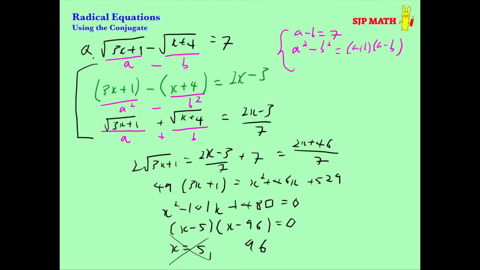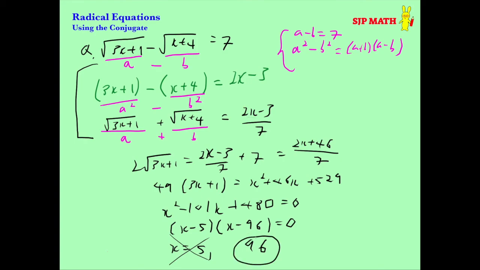That's because it might have to do with squaring, and you didn't do the math wrong. It's just that in your procedure you might have ignored an important mathematical fact. But anyways, always put it back in and check if it works or not. And we realize that 5 doesn't work, so our answer is 96.